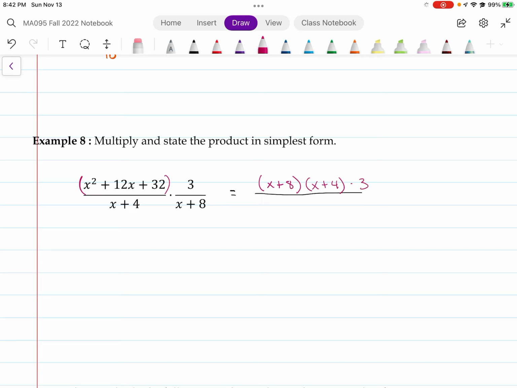You can put the 3 out front if you want to. And then I've got this x plus 4 and x plus 8. Now remember, we're multiplying. So whatever's on the bottom here is just multiplied together. So now what cancels? Well, the x plus 8 cancels, and the x plus 4 cancels, and all I'm left with here is 3. That's it.